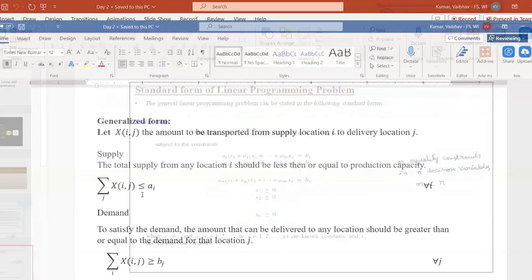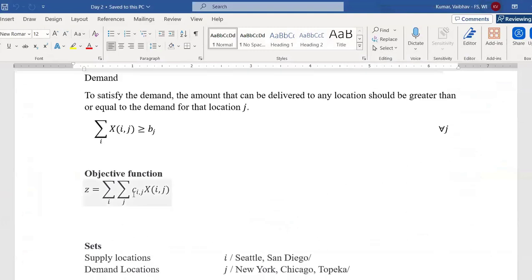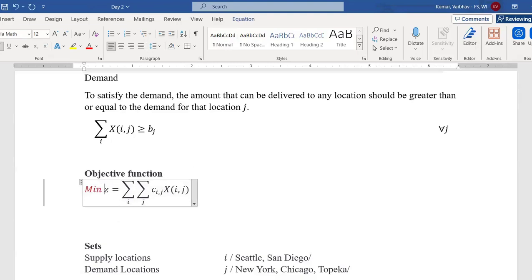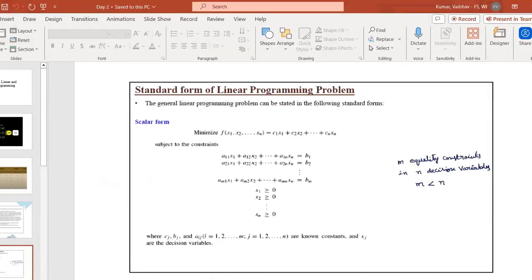This was Cij multiplied with Xij, summed over i and j. So our objective function is of minimization type, where we were minimizing cost. This is one of the standard forms of objective function in a linear programming problem.